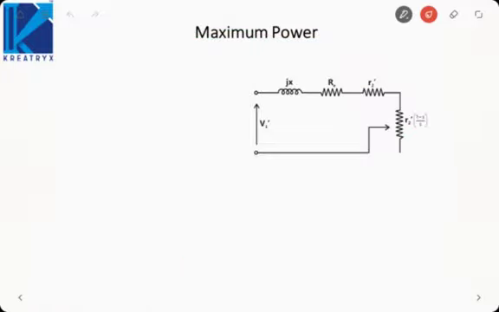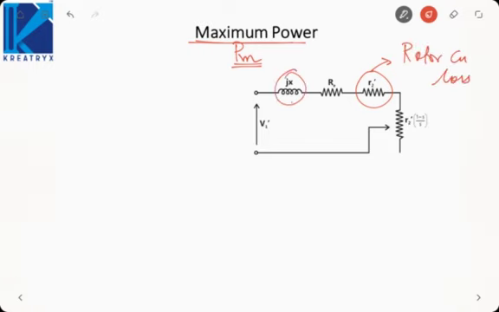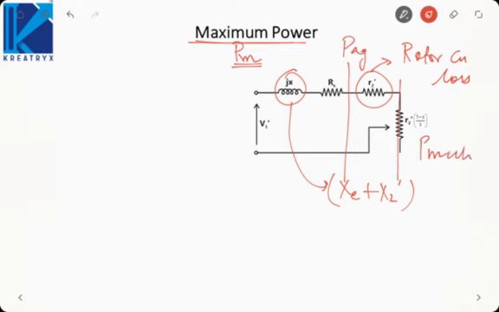Now let us consider the case when we are determining the maximum power, that is the maximum developed power, PM. Now we know that R2 dash, this represents rotor copper loss. Okay, here jX is Xe plus X2 dash. So here we will have air gap power minus copper loss. Here we will have mechanical developed power. So to maximize the mechanical power, we need to maximize the power across this resistance.